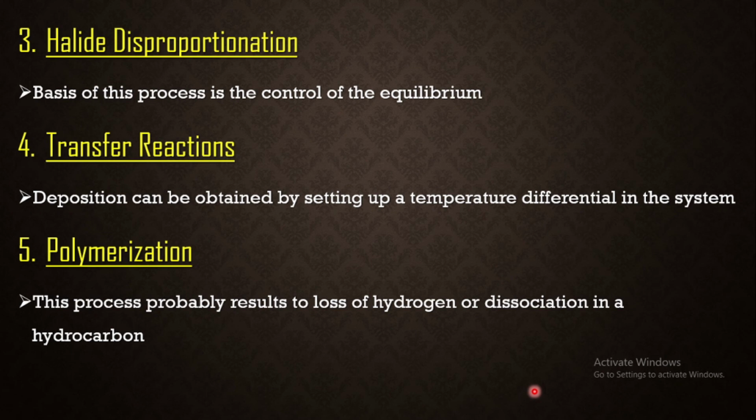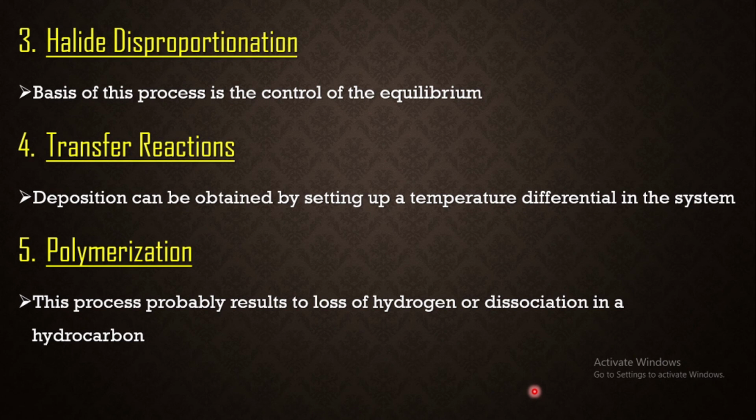So first we started with what chemical vapor deposition actually is, the definition of it, the experimental setup, then the different steps which are taking place within the reaction chamber, some parameters which we need to remember, and also the different types of chemical reactions which take place in the chemical vapor deposition technique.